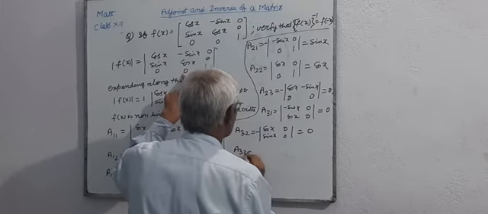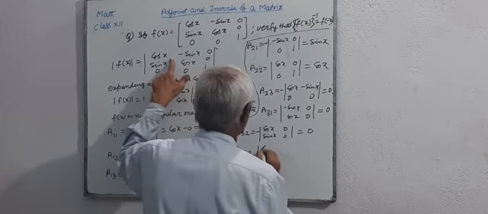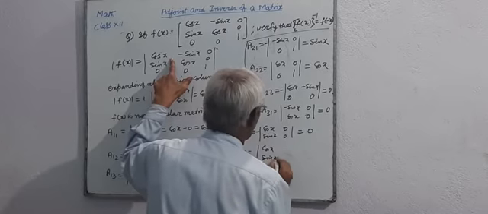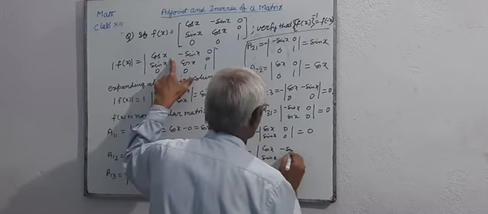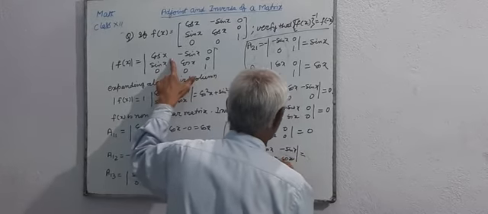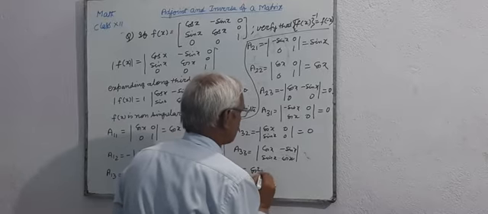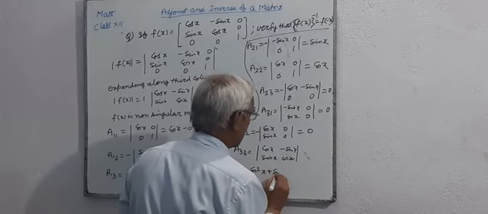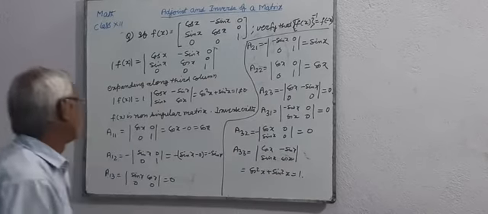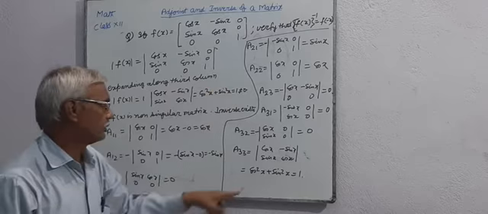A33 equal to cos x, sin x; minus sin x, cos x, equal to cos square x plus sin square x equal to 1. First of all, we find the cofactor of all elements.